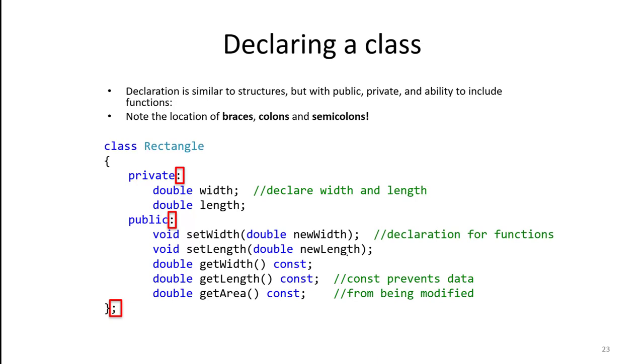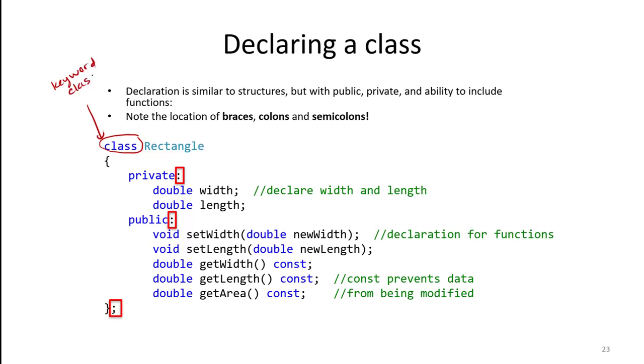So let's take a look at how we actually declare a class using C++. You'll notice that the declaration of a class is really similar to the declaration of a struct. There's just a few differences. So first thing you'll notice is that we use the keyword class.